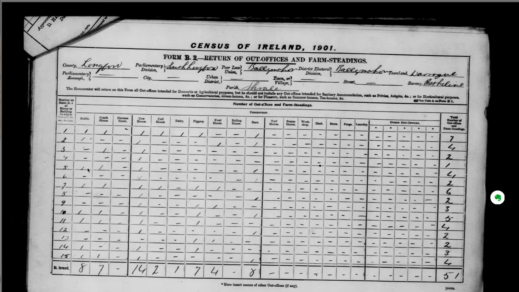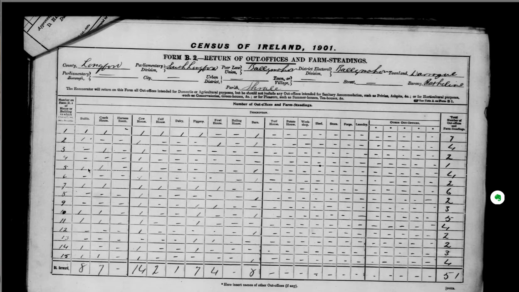Again, that might tell you that these people raise animals on their farm. They're not agricultural workers per se, because they do have a stable and a coach house, those types of things.